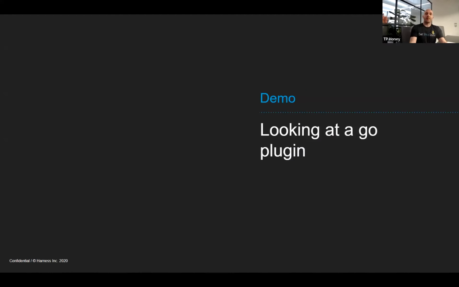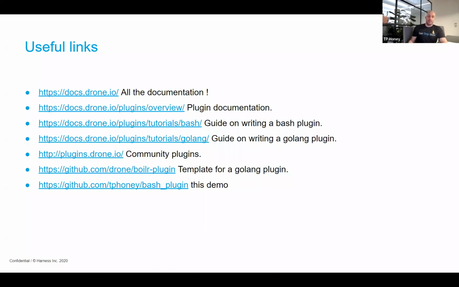So we've shown so far, and I'm going to wrap up here, how you can write a simple script, wrap it in a Docker image, and run that as part of a Docker build or part of a Drone build.